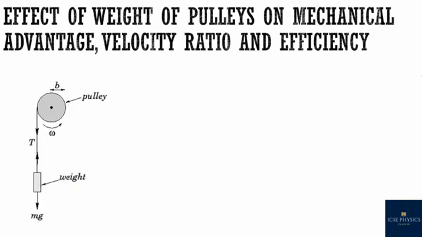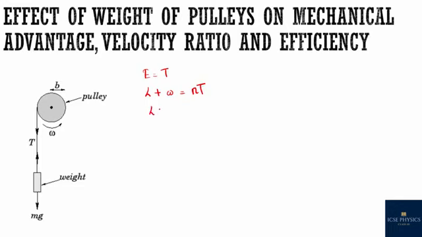Now let's see how the weight of pulley affects the mechanical advantage, velocity ratio and efficiency. Let's say the weight of the lower block of pulley is W. Now we know that effort is equal to tension force. Now for the lower block of pulley, the load plus the weight of the lower block is equal to NT, the number of pulleys into tension, right?